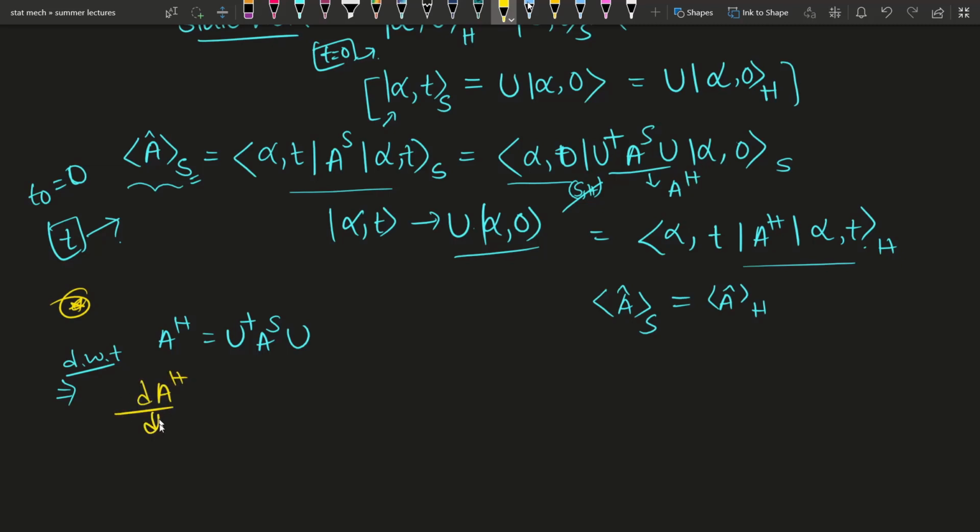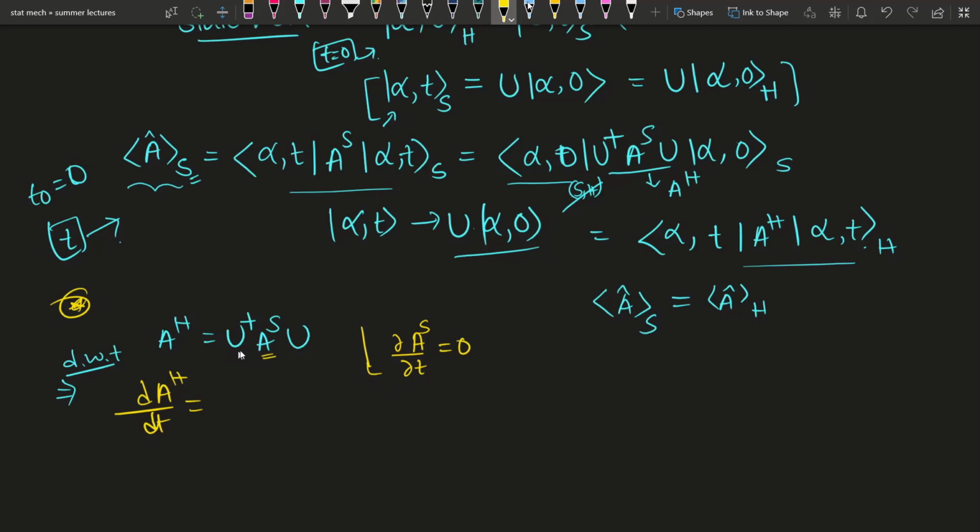dA_H over dt is equal to... now let us assume that this A is not explicitly depending on time, for simplicity. Then what it becomes?